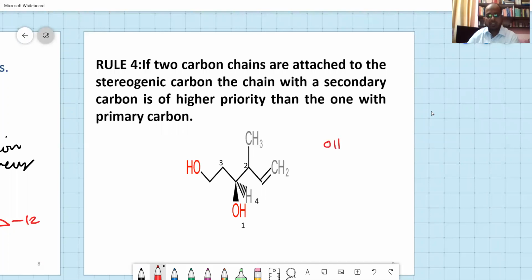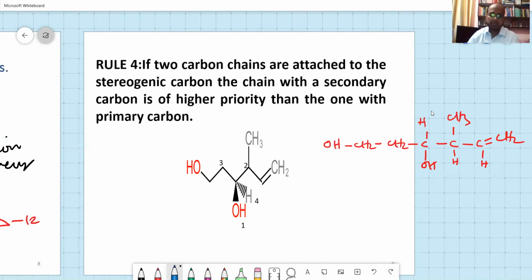The structure is actually like this: OH, CH2, CH2, C, OH, and H, and then C, CH3, C double bond CH2. That means if you satisfy it, here you will have one H and here you will have one H. So this carbon atom is taken as the stereocenter.